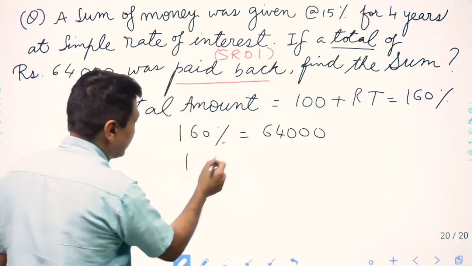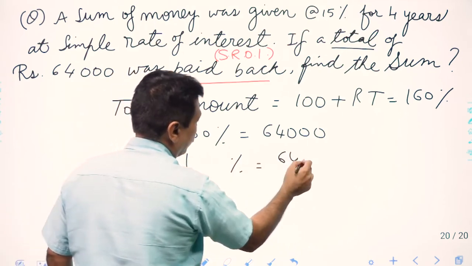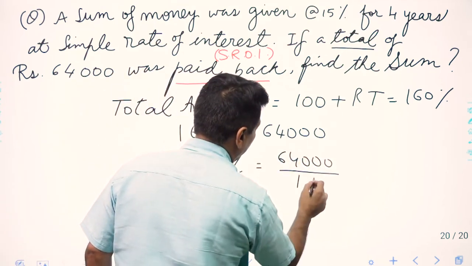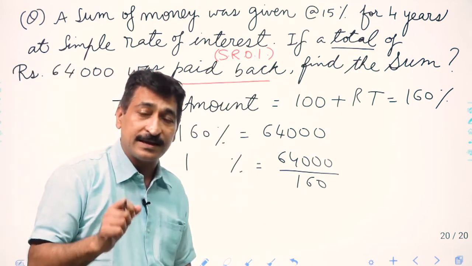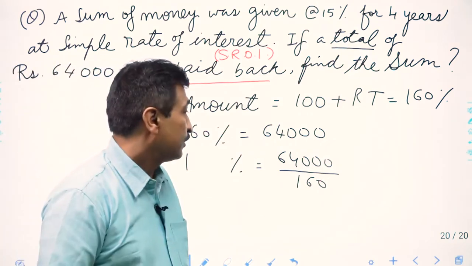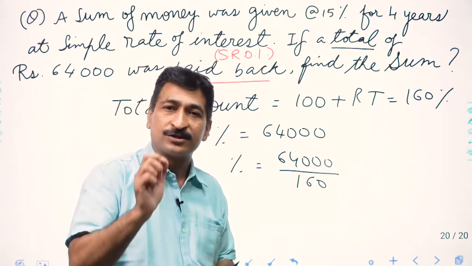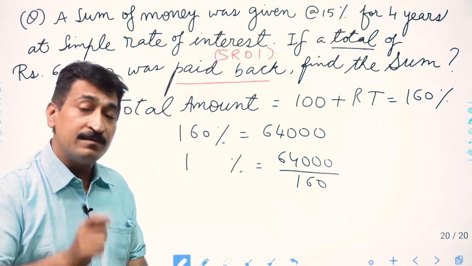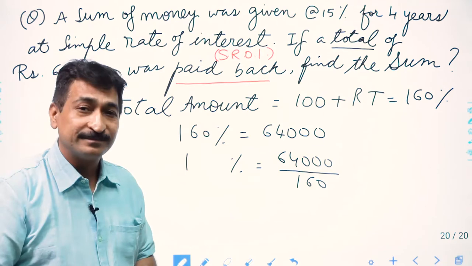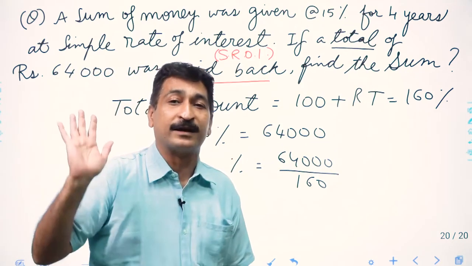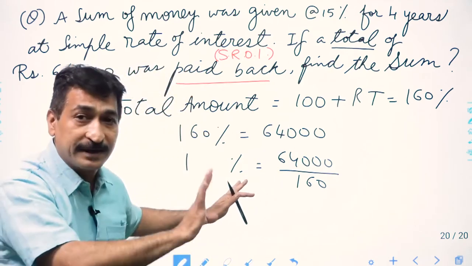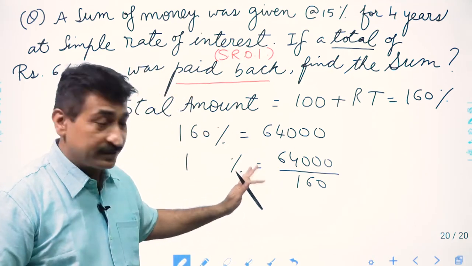So 1% is equal to 64,000 divided by 160. There is a very simple thing in exams, you will mark it. You will always be given figures which are completely divisible, they will always cut. So it is a very simple fact actually.